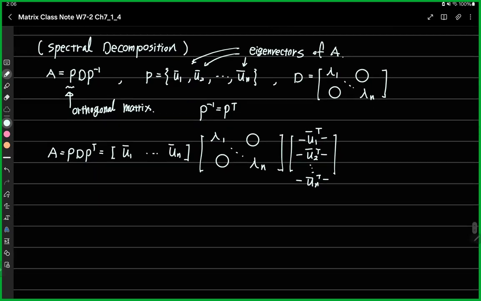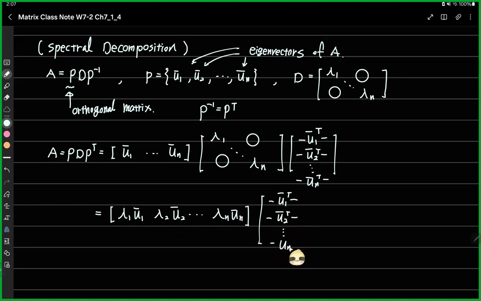Let me just do the multiplication of the first two matrices. Then we're gonna get lambda 1 U1, lambda 2 U2, through lambda n UN, times U1 transpose, a row vector, U2 transpose, through UN transpose.